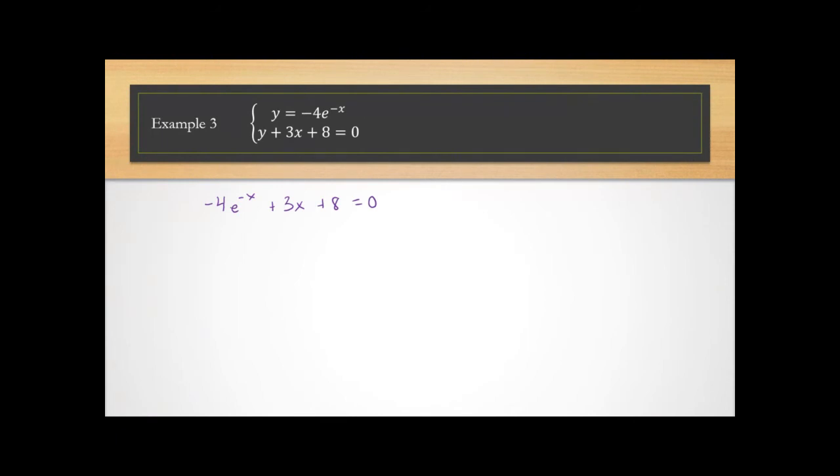But then the question is, how do you solve this? Normally, we would have to get the x out of the exponent by taking the natural log, but then if I take the natural log, I also have the natural log of x, and that's going to cause problems. So something like this can only be solved by graphing because we don't know any methods to solve this. So this must be solved by graphing.